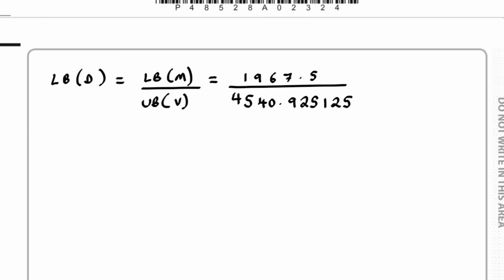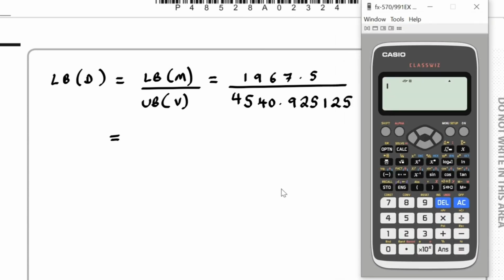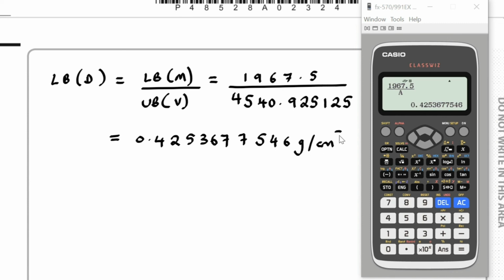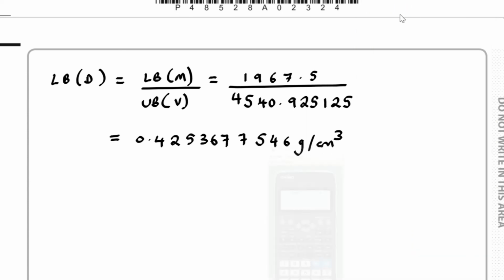So if we work out what this is, I've got 1967.5 over that value here, which is 0.4253677546 grams per centimeters cubed.